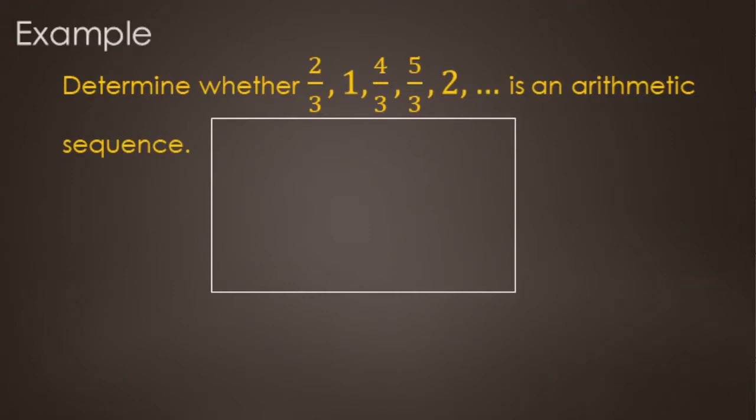Another one here: 2/3, 1, 4/3, 5/3, and then 2. We're checking to see whether it's an arithmetic sequence, and again, you need to be adding or subtracting the same amount for each term. From 2/3 to 1, that's a +1/3.